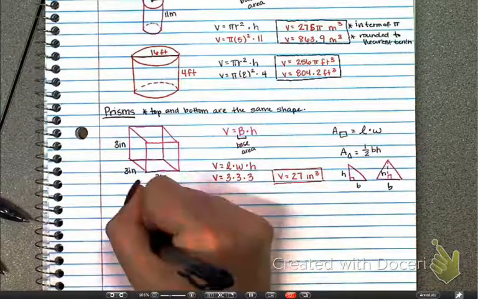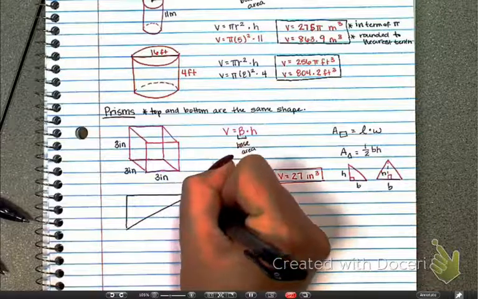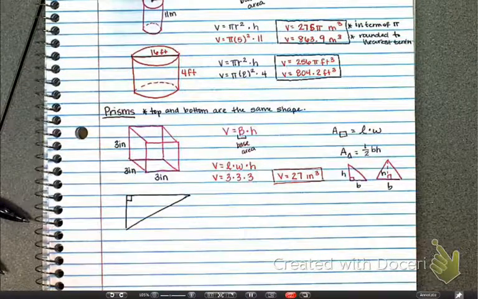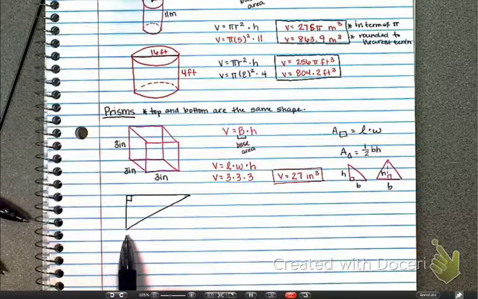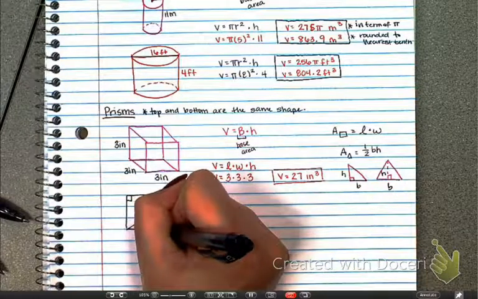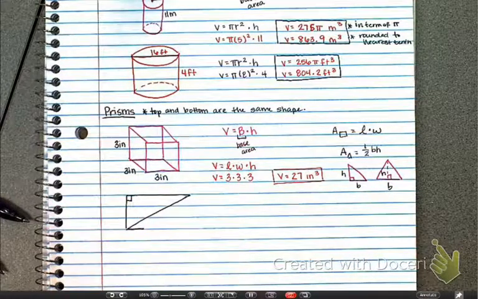Step 1. Then, from this bottom corner, you're going to extend out a line, not super long. We're going to make a 3D shape, a right triangular prism.